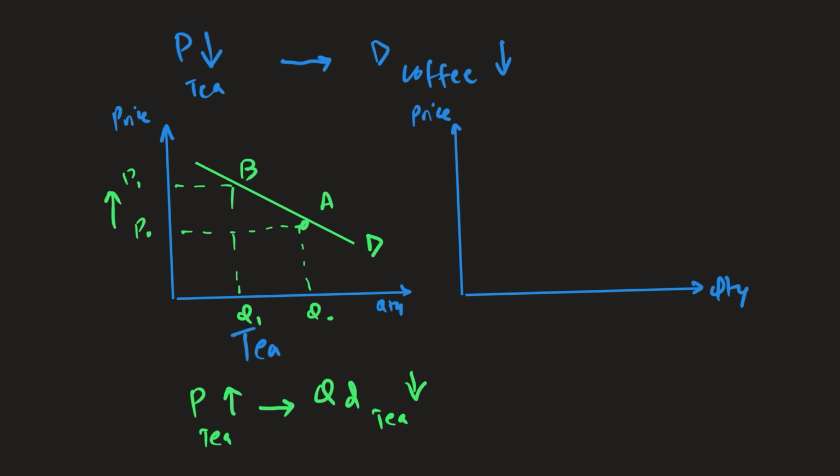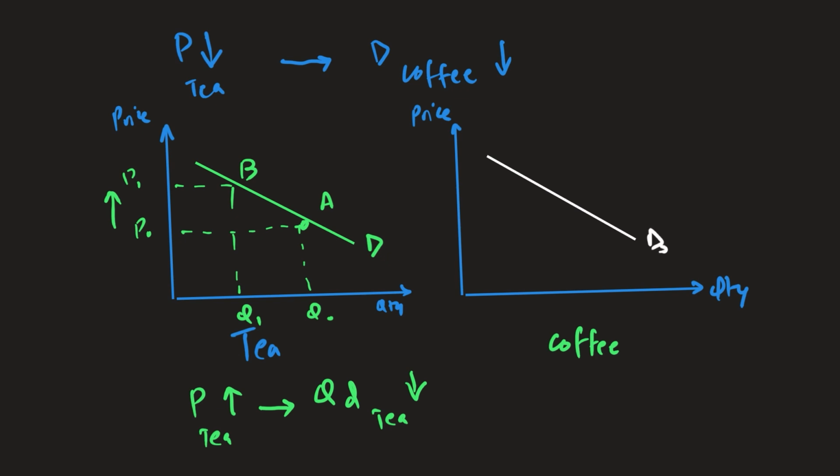Now, because tea has become expensive, a lot of people will substitute tea with coffee. They will switch to the cheaper substitute, and that could be good news for coffee. So let's write coffee here. In the market for coffee, the demand curve will be shifting to the right. Why?